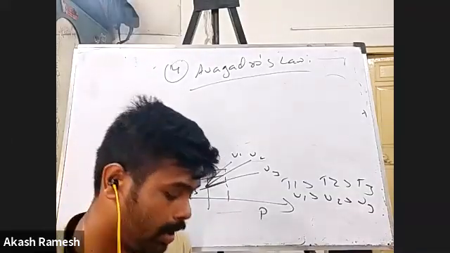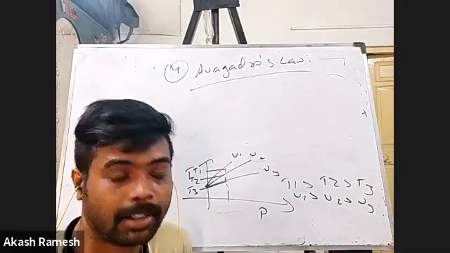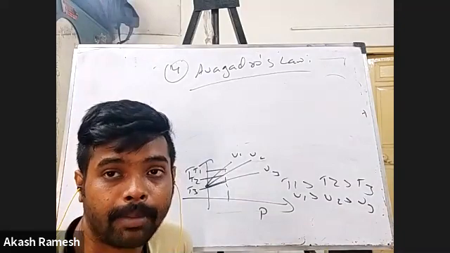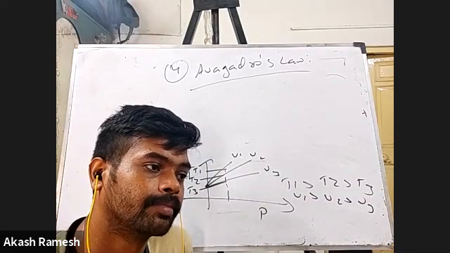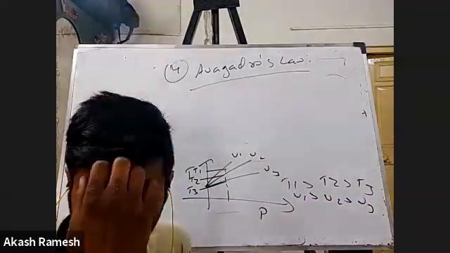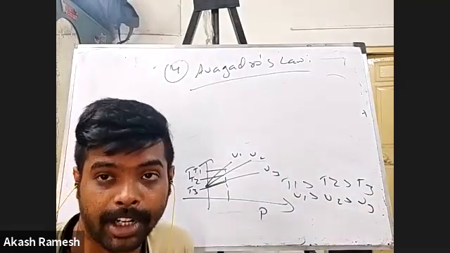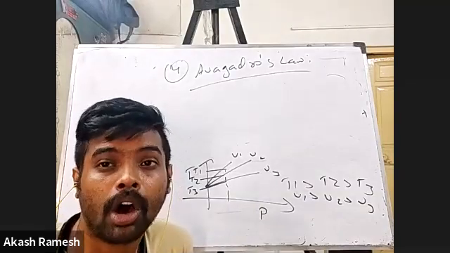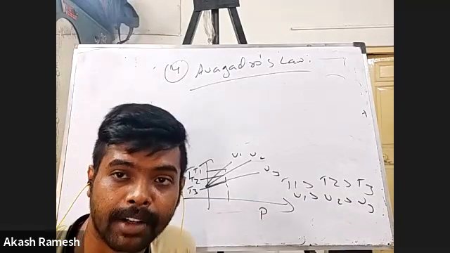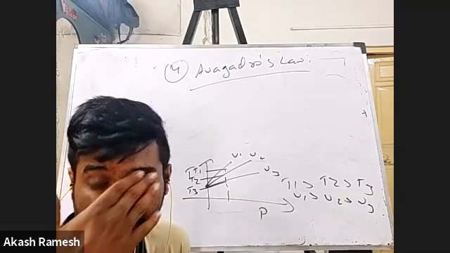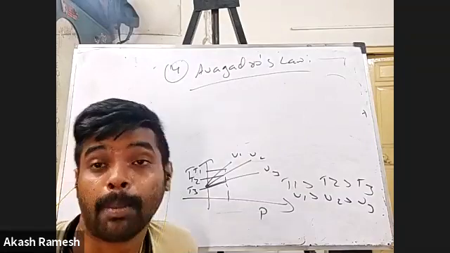So it says at constant pressure and temperature, same volumes of different gases at same pressure and temperature will have same number of particles.